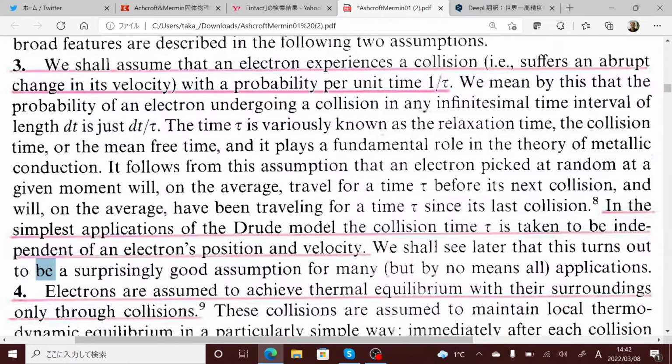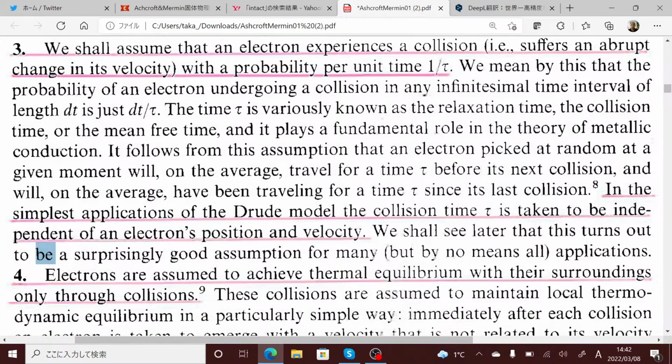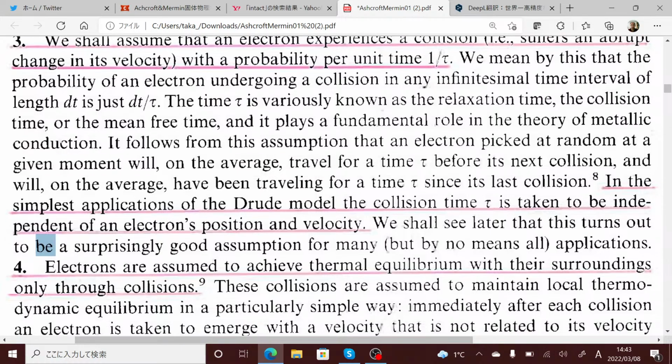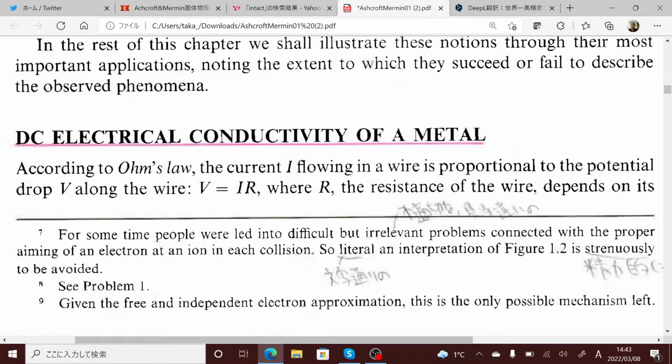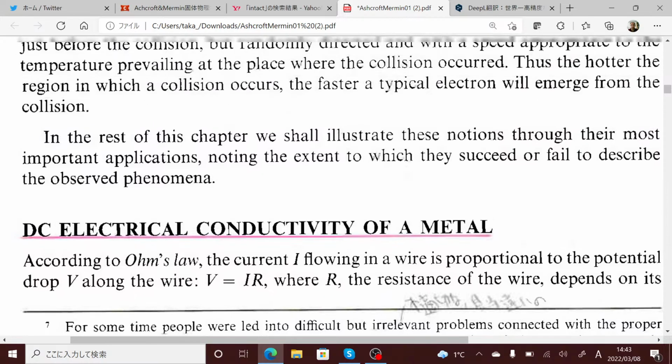It follows from this assumption that an electron picked at random at a given moment will, on the average, travel for a time tau before its next collision, and will, on average, have been traveling for a time tau since its last collision. Footnote 8. See problem 1.